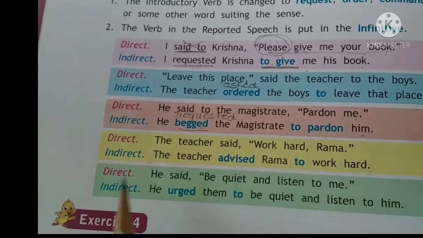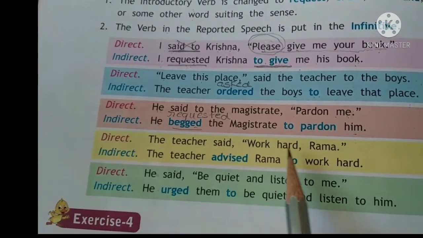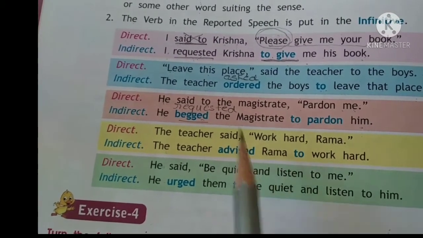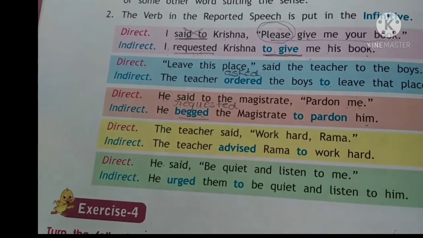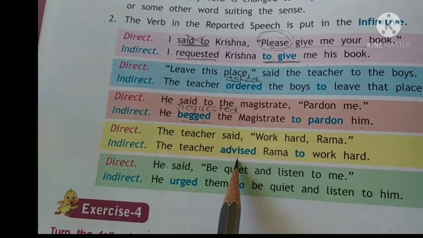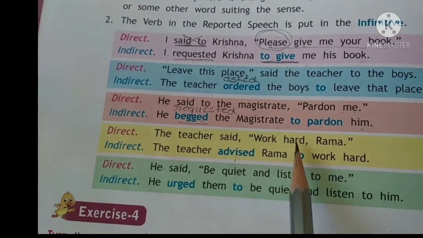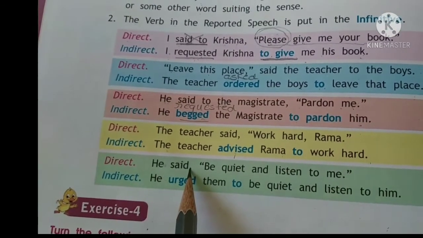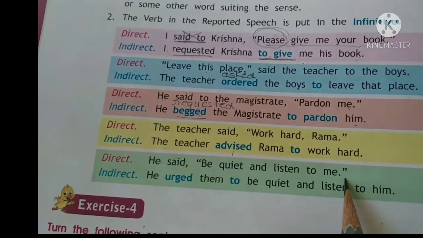Followed by: the teacher said, "Work hard, Rama." So the teacher advised. We are giving advice. Teachers will always advise their children. So we use "advised" as the reporting verb: the teacher advised Rama to work hard. He said, "Be quiet and listen to me."